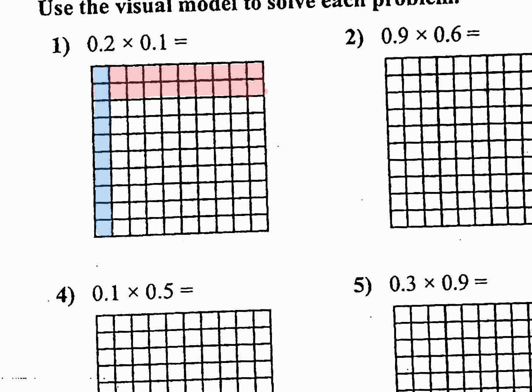Then what I'm looking at is the total pieces that are double shaded. And that's going to be these little purple ones up here in the corner. So my answer is going to end up being 0.02. It's 2/100ths for my final answer.